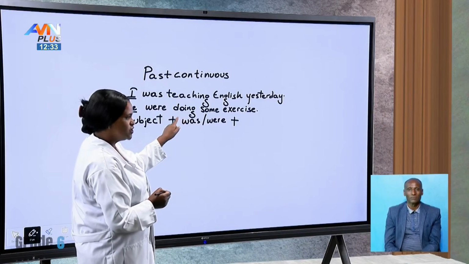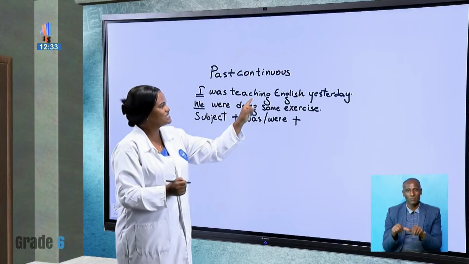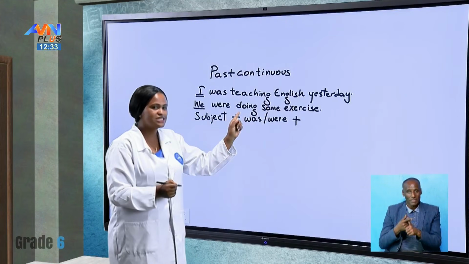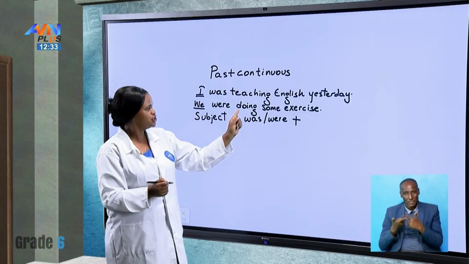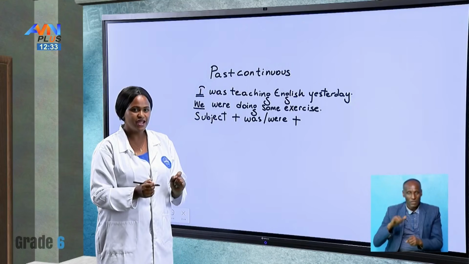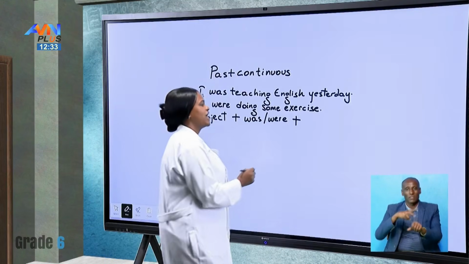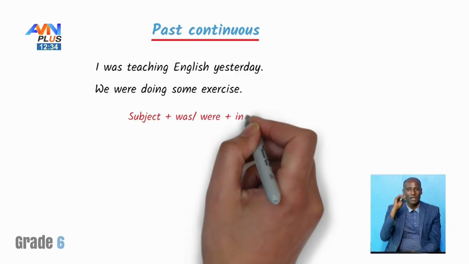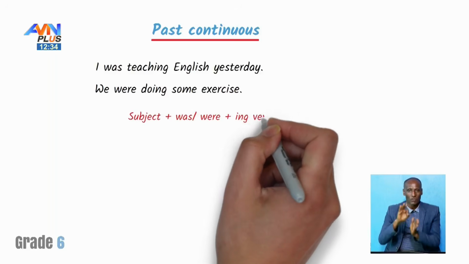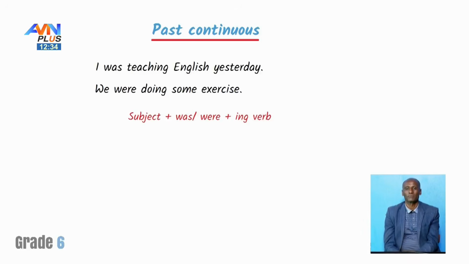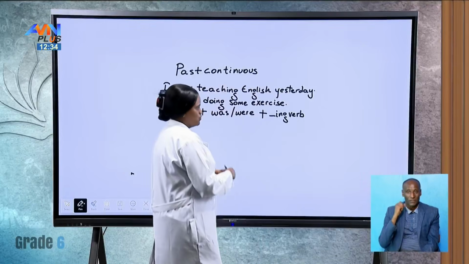Subject plus was or were plus what type of verb do you see in both of the sentences? Look, the first one says teaching. The second one? Yes, doing. What kind of verbs are they? Very good. ING form. It is the ING verb. Then, what do we have after?